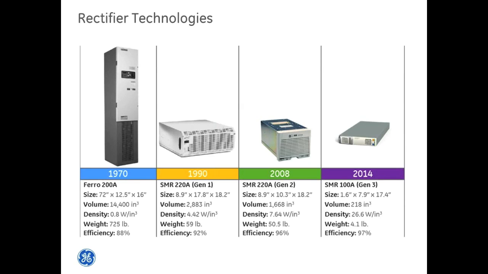So we're looking at a reduction in weight from 725 pounds down to 8.2 pounds. And the efficiency is the other thing to point out here: the efficiency in electrical conversion of the old ferros was in the 80s percentage-wise, and that's being brought up now to 96 to 97%, which is very commonplace for today's rectifiers.